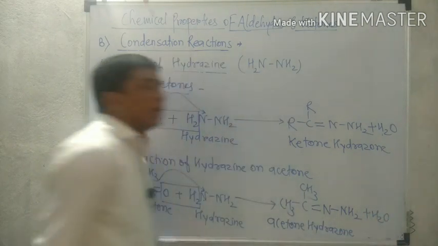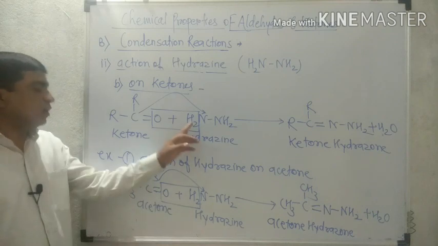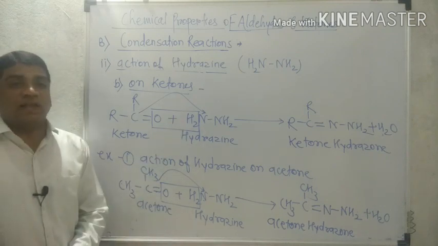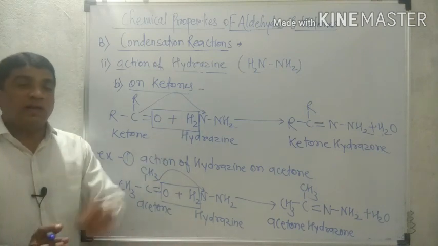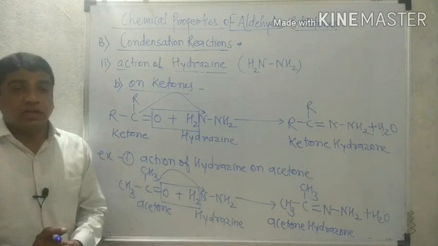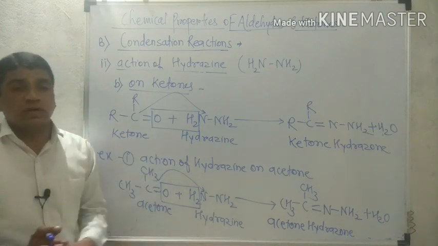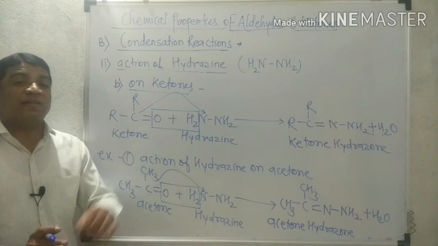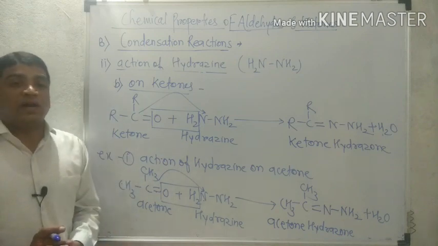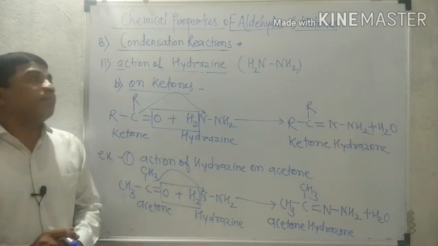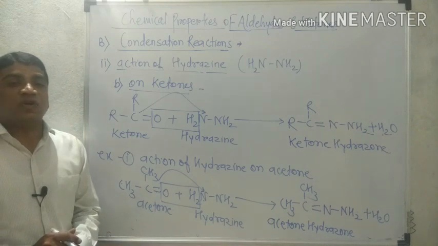That is the action of hydrazine on ketone, especially on acetone. So remember, aldehyde reacted with hydrazine gives aldehyde hydrazone, and ketone reacted with hydrazine gives ketone hydrazone. This is the second important condensation reaction of aldehyde and ketone.